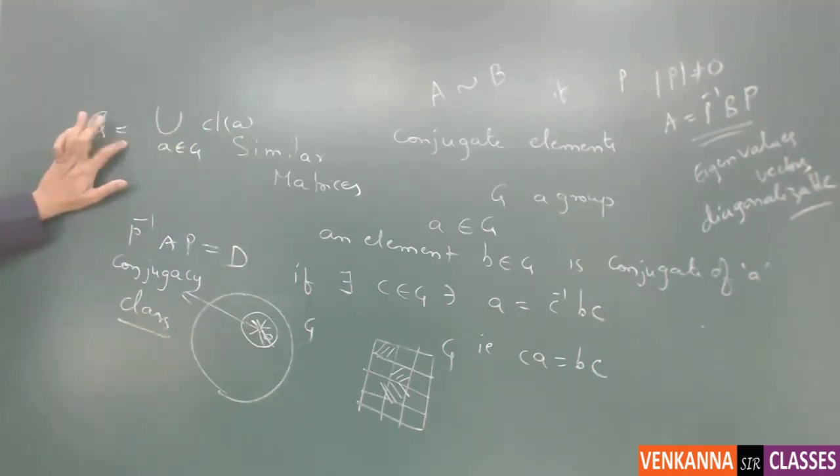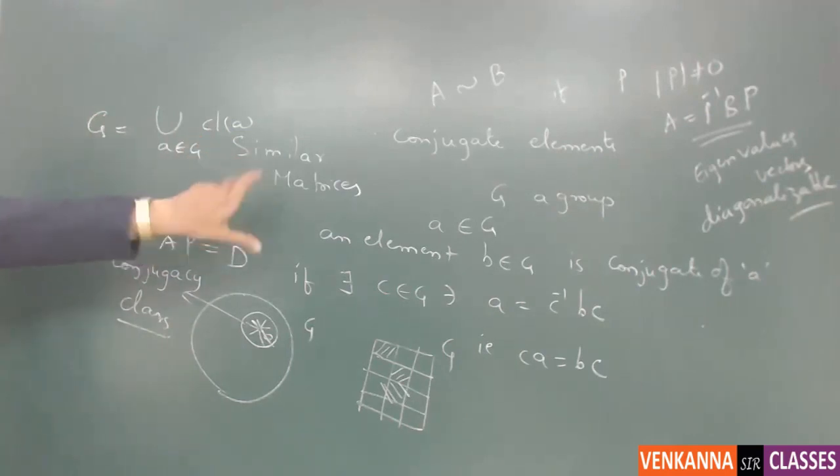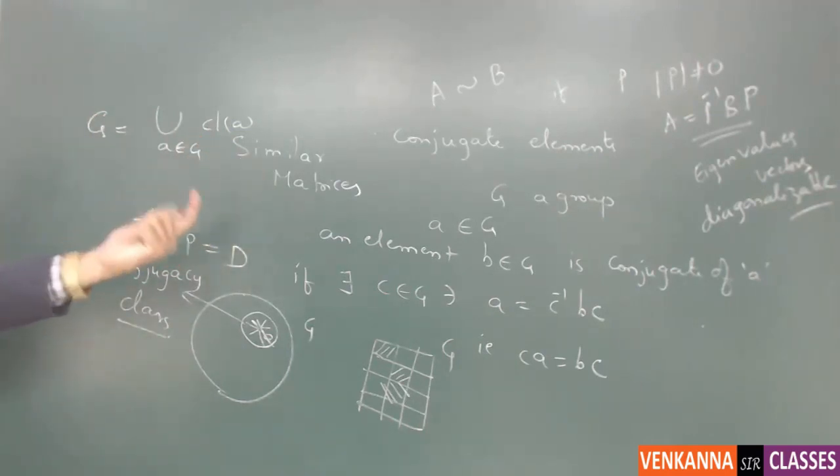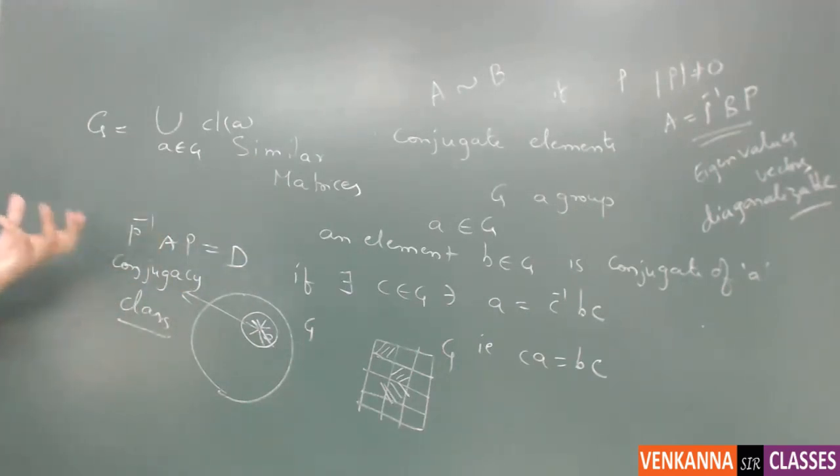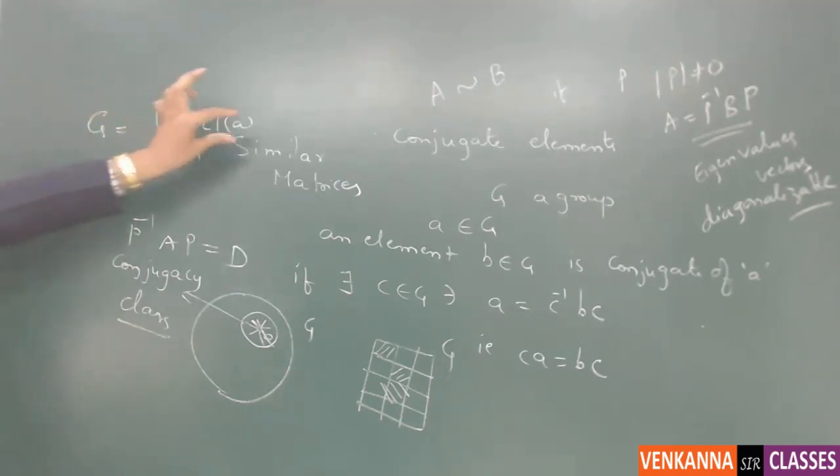This is the definition of conjugacy classes. So for a fixed element, you are pairing all the elements into one set which are conjugate to A. That set we call a conjugacy class. The impact on the group is, the whole group is nothing but the union of these small sections. Okay? Clear? Right.